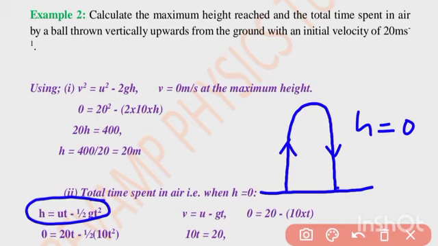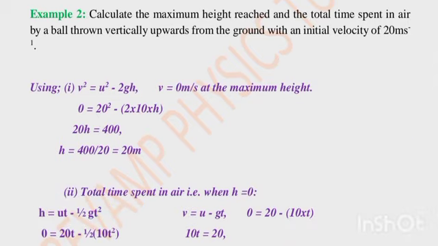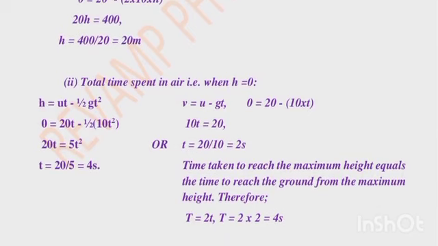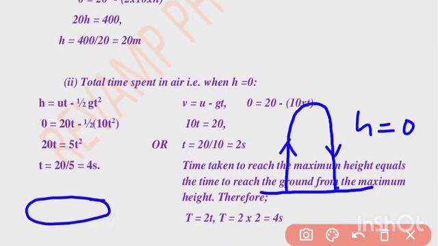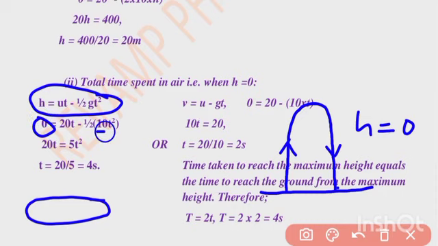And in doing that, we are going to have this. Substituting all the values into this equation here, because by the time the object is coming back to the projection plane, we have h equal to 0, and definitely we are going to have our initial velocity to be 20. We are looking for t, and our acceleration due to gravity as 10.